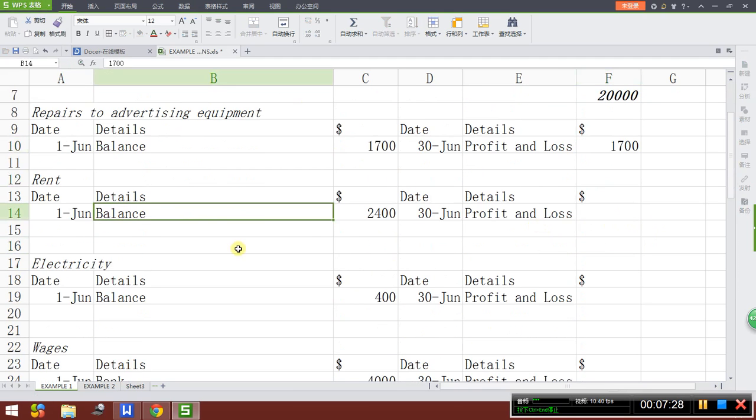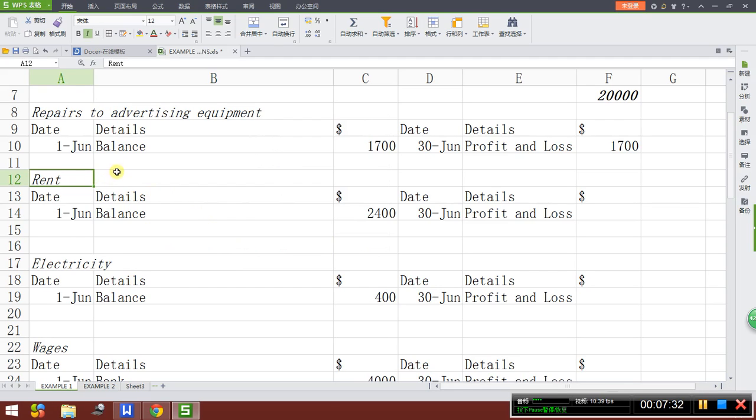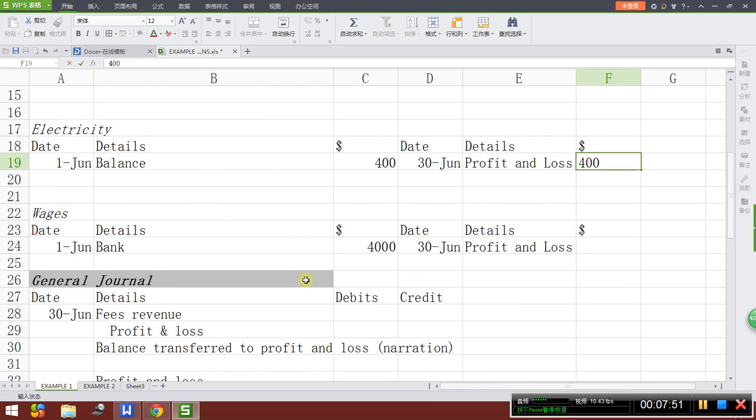Similarly, the rent also belongs to the expense account, so I'll put the 24,000 in the loss account. Electricity expense account 400. Wages also expense account 4,000.